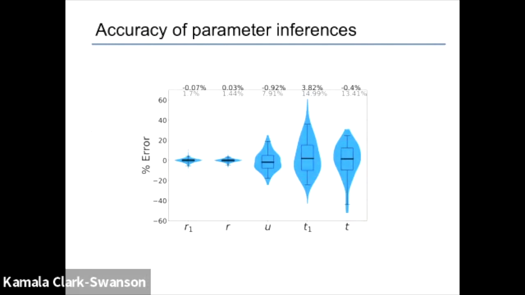In order to see if our estimates are good and accurate, we ran a Gillespie simulation of the process and applied the estimates to see how good they are, because we know the ground truth. Here you can see a relatively typical example. We can estimate the growth rates very precisely, and we can estimate the mutation rate and the times accurately, but with larger variation.